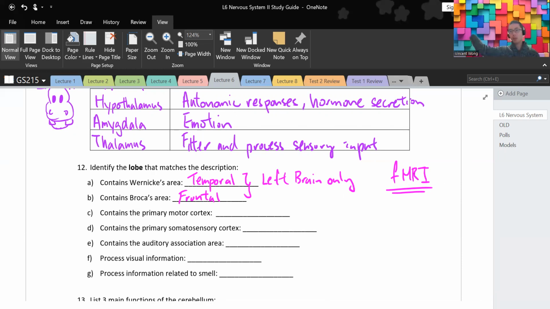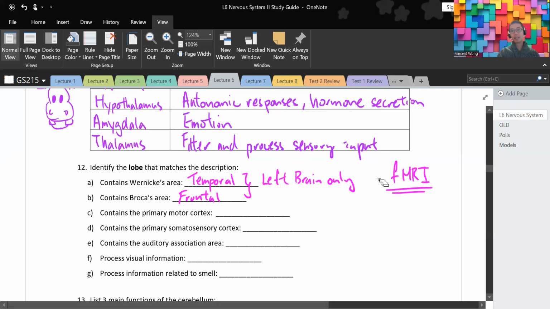They would read a poem, think about the face of your friend, and then immediately in real time, they will be able to see which part of the brain lights up. And that's how they know what part of the brain does what. So if a person is reading a story while doing the functional MRI, then the Wernicke's area would light up, and only the left side would light up, right, for most people.